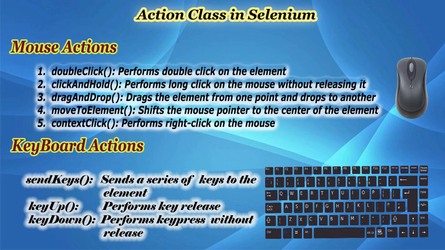When you're doing an action, you have to use key down, which means perform the key press without release. For example, Control should be pressed when you are clicking on V. Control plus V: Control should be pressed and you have to click on V. What will happen? It will paste. Once the action is done, you have to click on key up. Okay, let's go for a practical example.